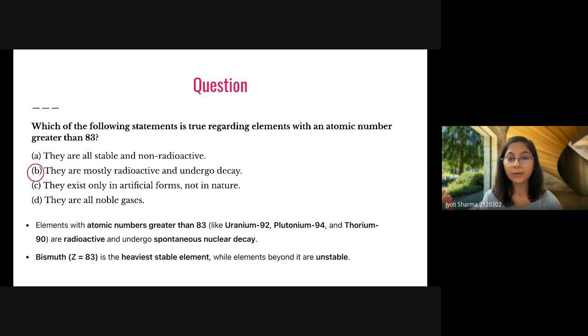Neutrons are higher in number, so there will be an imbalance, or you can say the nuclei will be unstable, and because of that, atoms with atomic number greater than 83 will be radioactive in nature. The atom with atomic number 83 is bismuth, and bismuth is the heaviest stable element. But after that, whatever element you have will show some radioactive nature, right? Elements beyond it are unstable. So I think this question is clear.